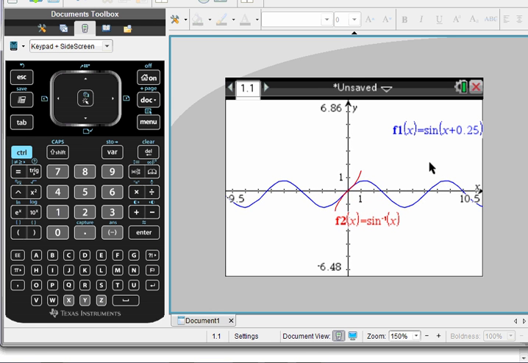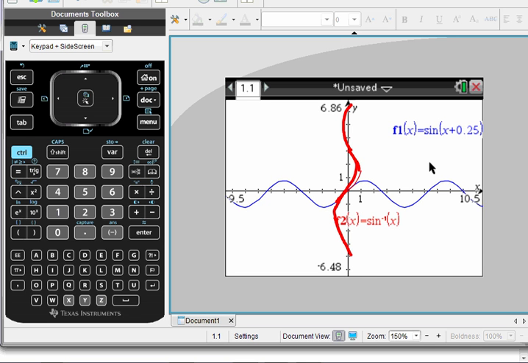Okay? So you're going to have to remember that when your calculator spits this out, it's going to spit out a value between minus pi over 2 and pi over 2. That's going to be the problem. Some of you are going to want to go into another quadrant. Then you have to do some work. And actually, if I were to continue this and not have a function, it would look something like this.